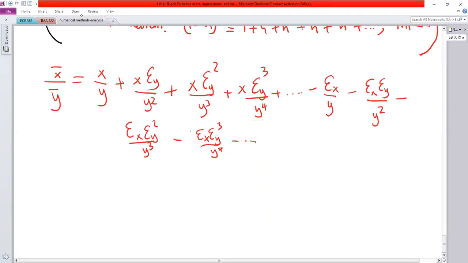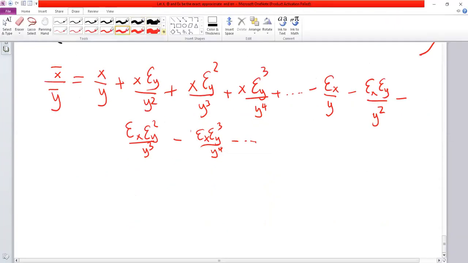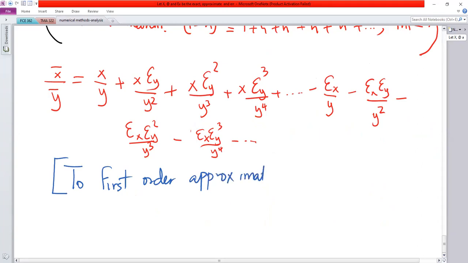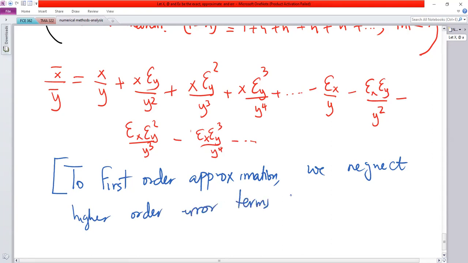Now, to first order approximation, all the products of error terms and any error term with power more than 1 will go to 0. So to first order approximation, we neglect higher order error terms and their products.